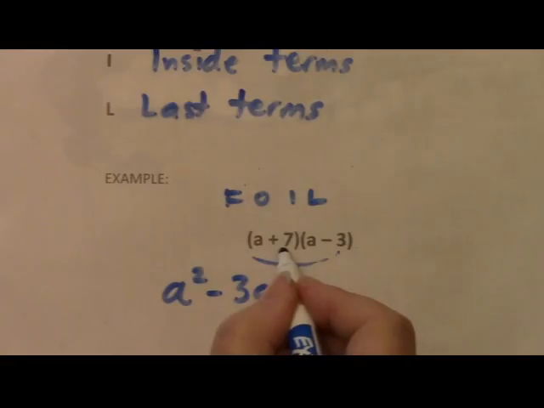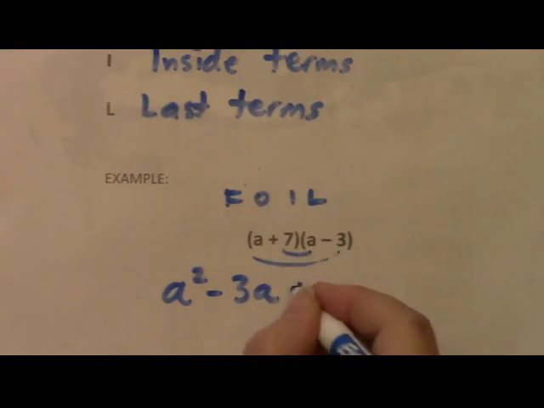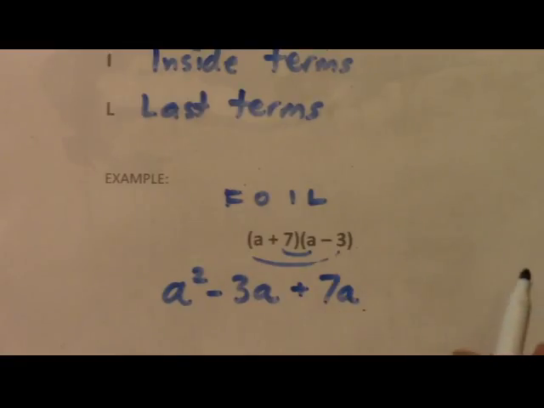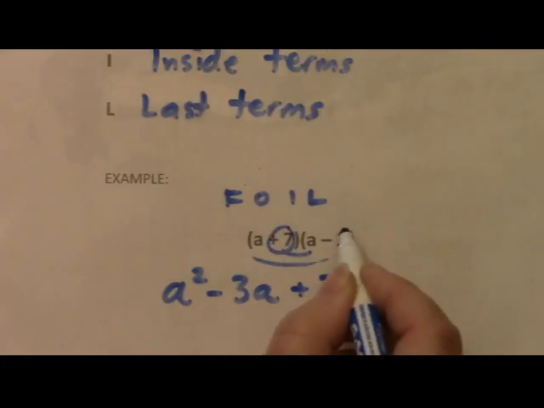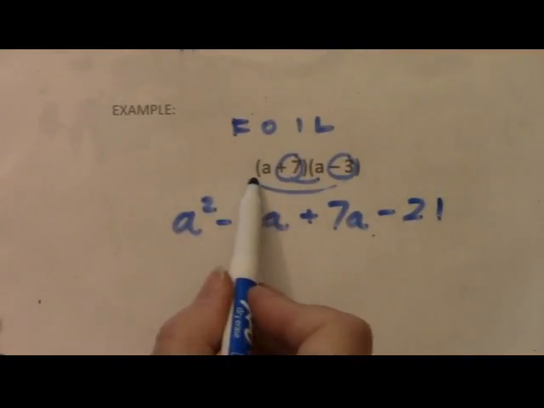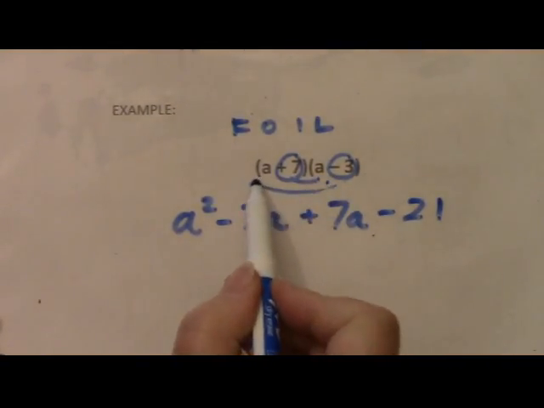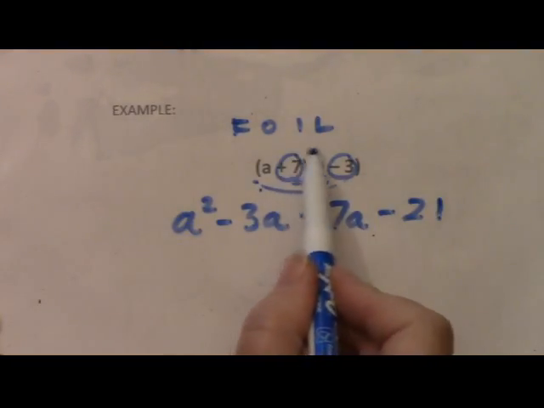Inside terms are these two right here. +7 times an A gives me +7A. And then my last terms, the +7 and the -3 give me a -21. So I did my first two, my two outsides, my two insides, and then my two last.